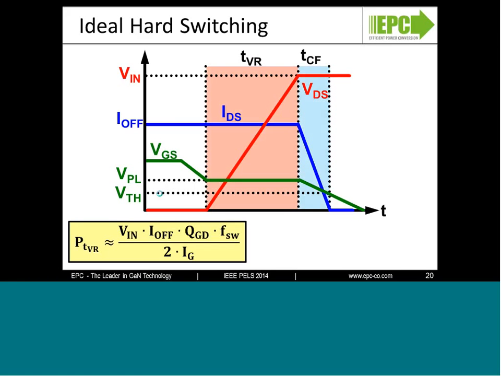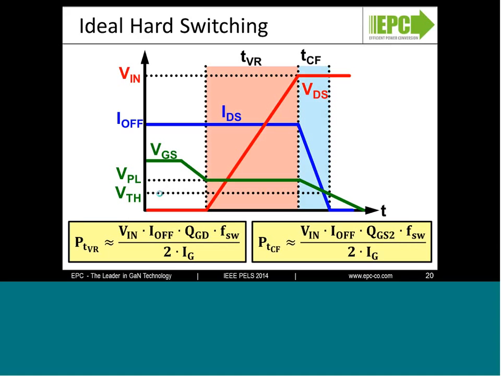When your device goes to turn off, the device parameter that controls this turn-off time is your QGS2 charge. And that's your gate to source charge from the threshold voltage of the device to the plateau. So to improve the switching performance in a hard switching application, minimizing your QGD and QGS2 parameters will give you improved performance.